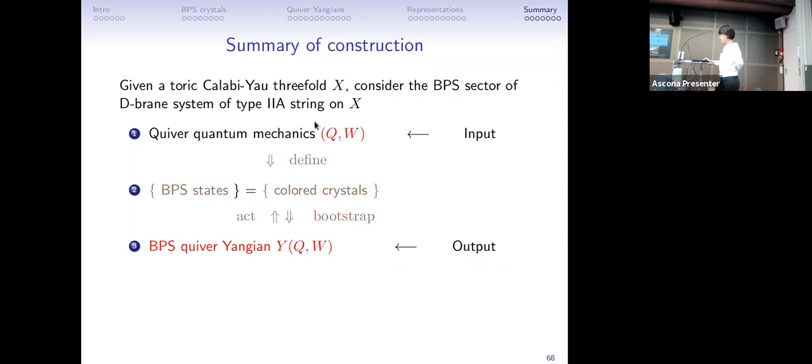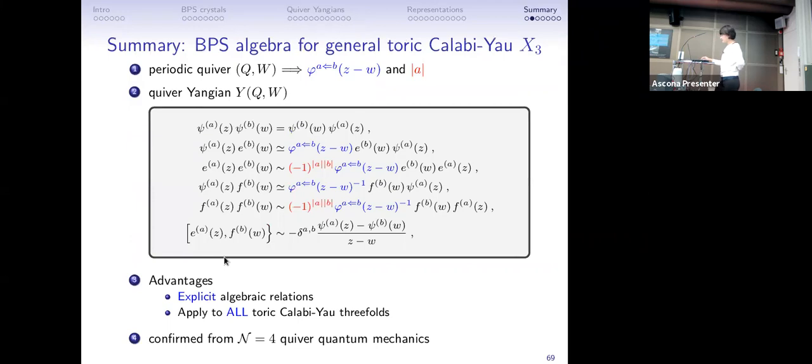In the end, we see that the algebra is actually very simple. Once I write down this quiver quantum mechanics, this quiver and superpotential pair, I can immediately write down this quiver Yangian. You see that all the information is in this bonding factor here, and also a factor that characterizes the statistics of the E and F generators. So it's very simple. It's completely explicit, and it works for all toric Calabi-Yau in the same way.